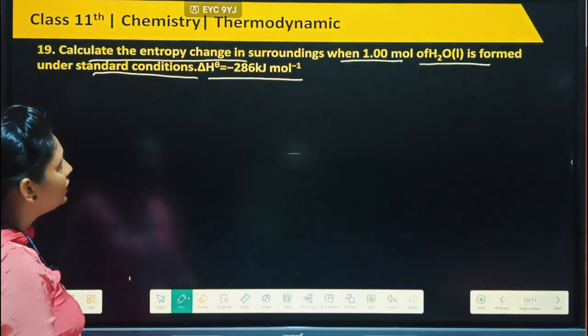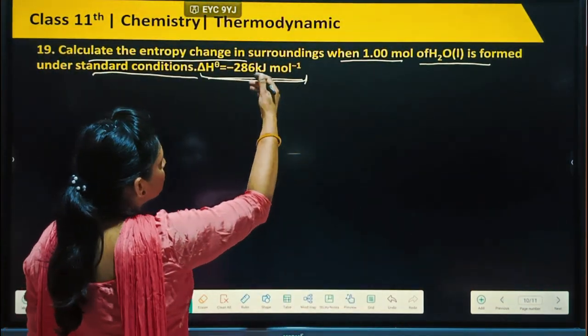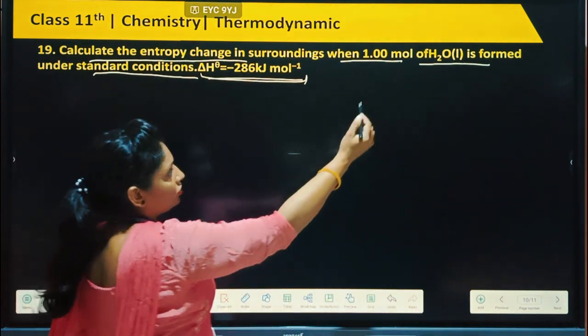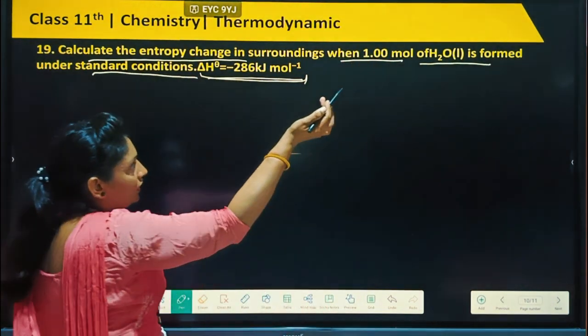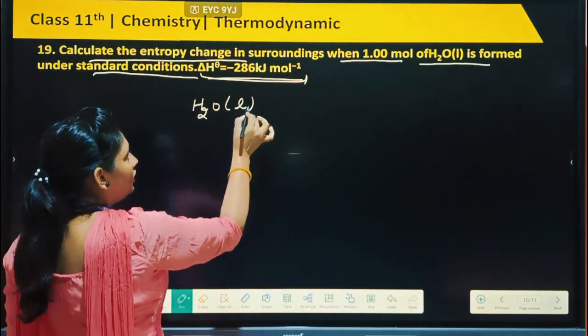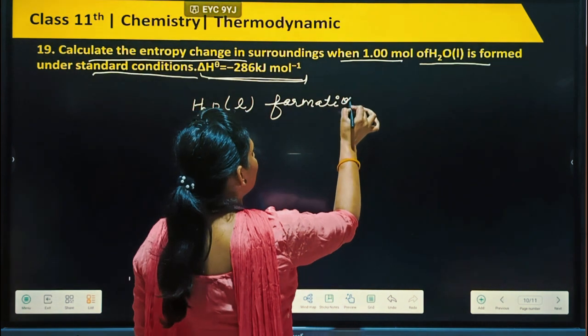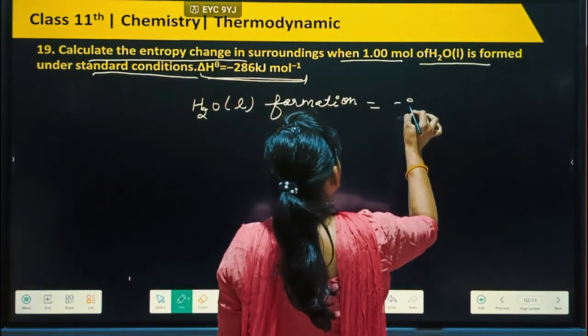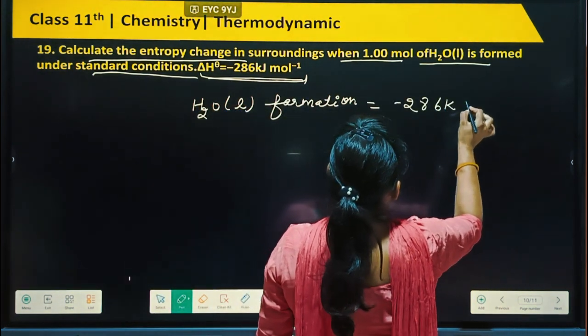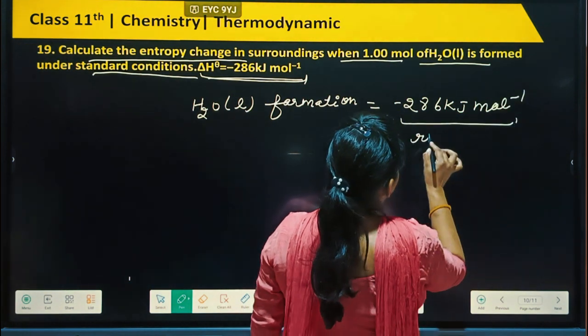Here you can see this del H is for the formation of H2O liquid. In H2O liquid formation, this amount of enthalpy is in minus, which means this amount of energy is released.